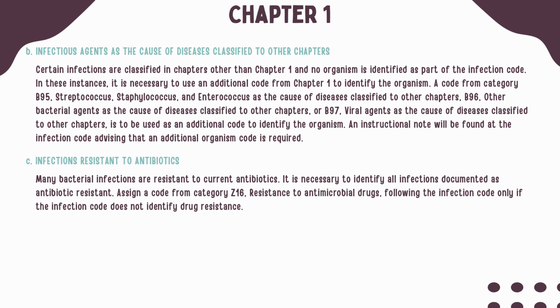There will be an instructional note found at the infection code advising that an additional organism code is required. Many bacterial infections are resistant to antibiotics. When it is documented that an infection is antibiotic resistant, a code from category Z16 should be assigned, secondary to the infection code, if the infection code does not identify drug resistance.